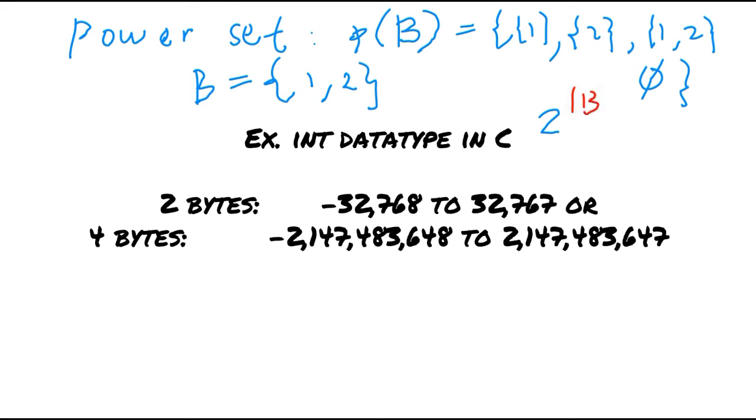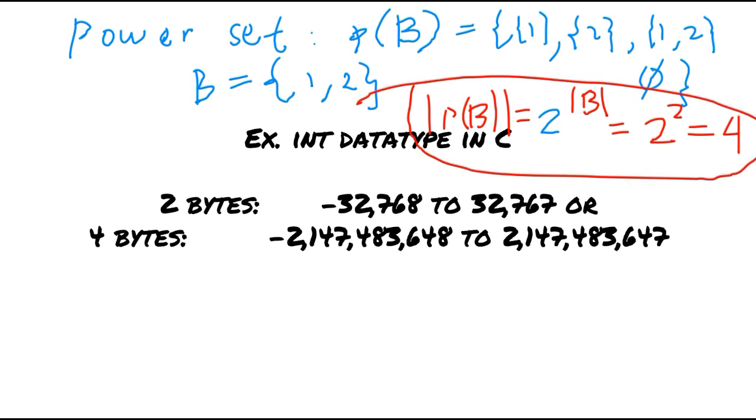Say cardinality of set B is 2, so this will be 2 squared, so you have 4, and that is basically the cardinality of the power set. So again, this is just a very rough introduction.